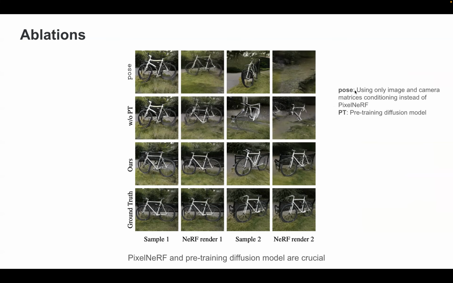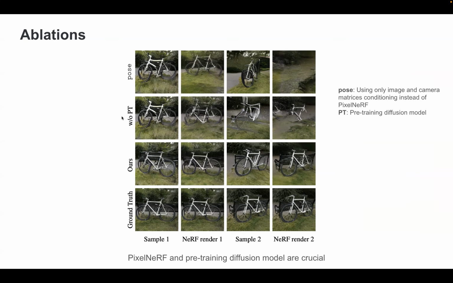So this means pose. If you replace the PixelNeRF with just extrinsics and image conditioning, and you compare to ours, this approach seems to work much better.